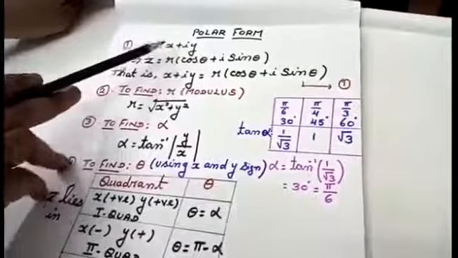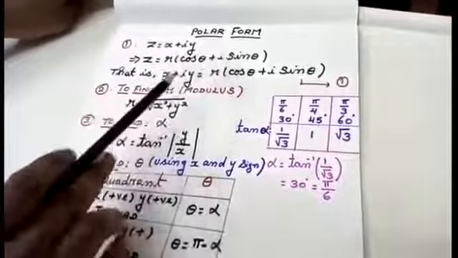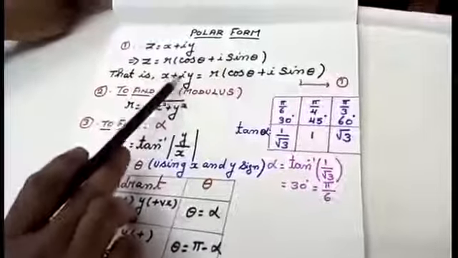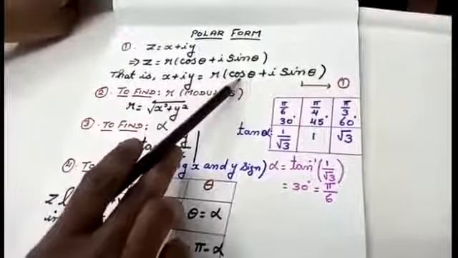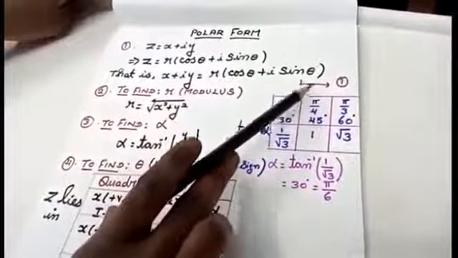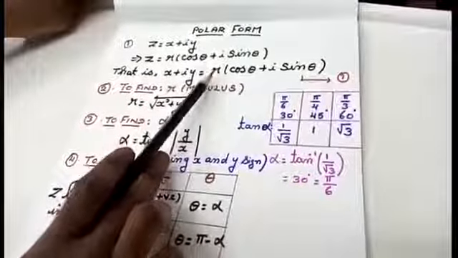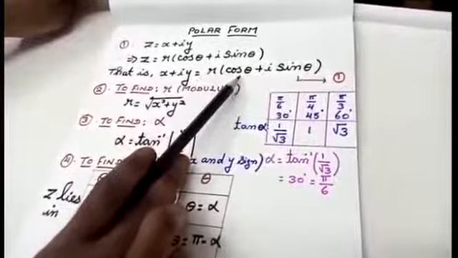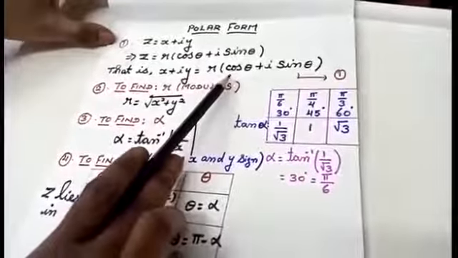I am going to write like this, that is Z equal to r cos theta plus i sin theta is nothing but, first I am going to write like this, x plus iy equal to r cos theta plus i sin theta. I am going to mark this as equation 1. So what I am going to find here is r and theta. So that is the procedure we are going to do here. So this is the first step, students. Keep this in your mind.